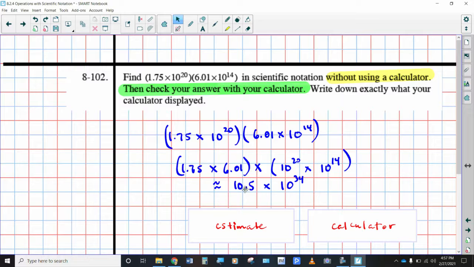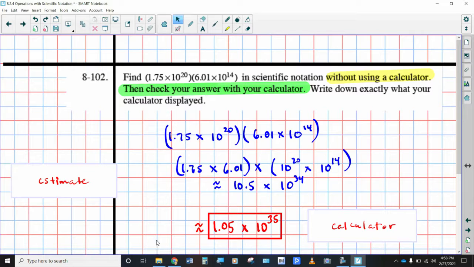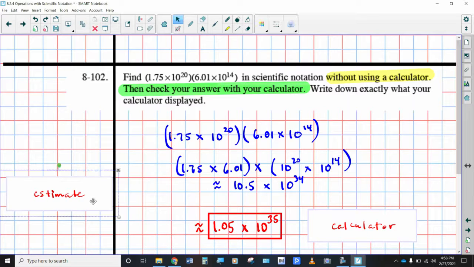Actually, I don't have to show the work. We can just talk about it. If you move this decimal one place to the left so that it becomes 1.05, we are essentially dividing this by 10, and we need to take that power of 10 and move it over into here and have it join up with your 10 to the 34th. So that becomes 1.05 times 10 to the 35th.